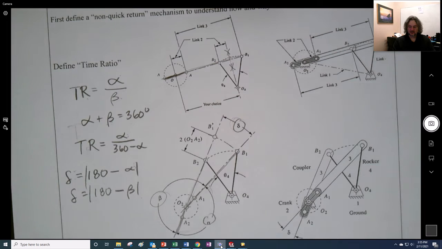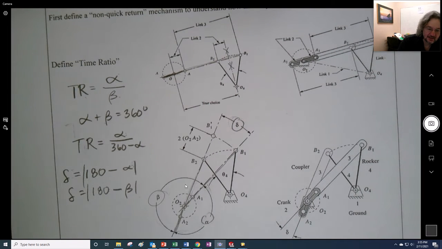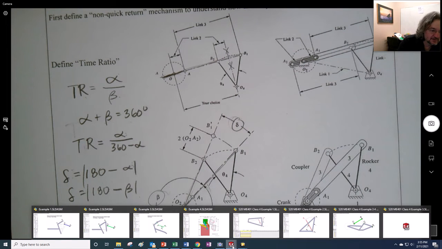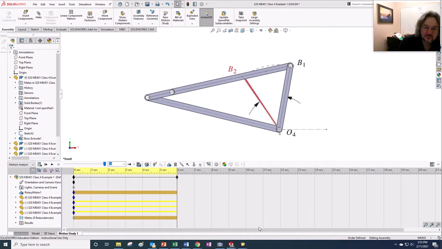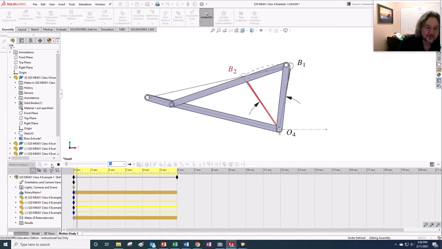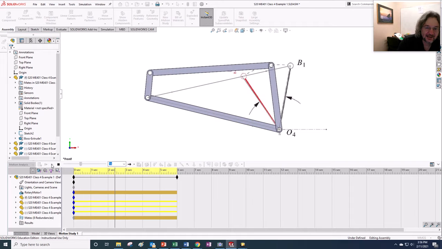So let's take a look at a comparison between, I think it's this example right here. Yeah, this is example 1 that we did, where we just added a simple dyad.